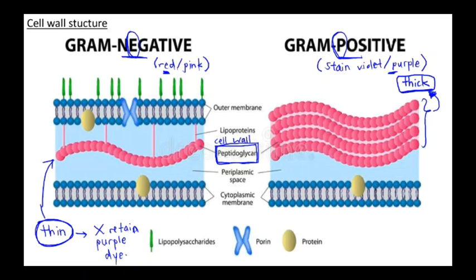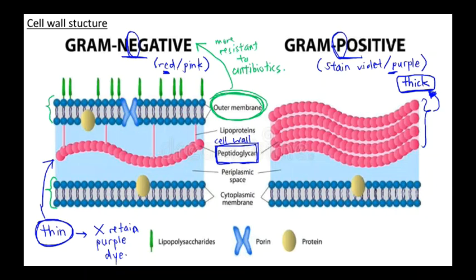You can see here, gram-negative bacteria has two layers of phospholipid bilayer. It has an extra outer membrane. And because of having this outer membrane, it makes the gram-negative bacteria more resistant to antibiotics, which means that gram-negative bacteria will be harder to kill with antibiotics.